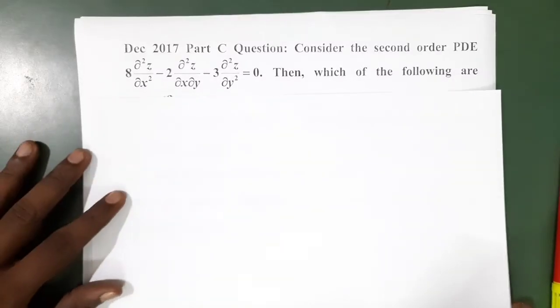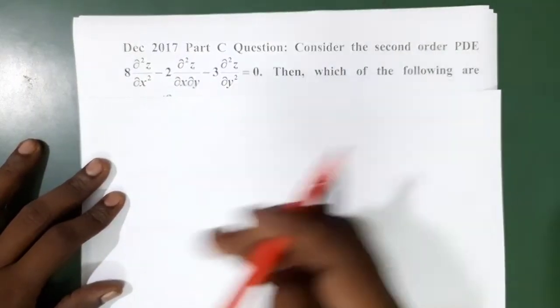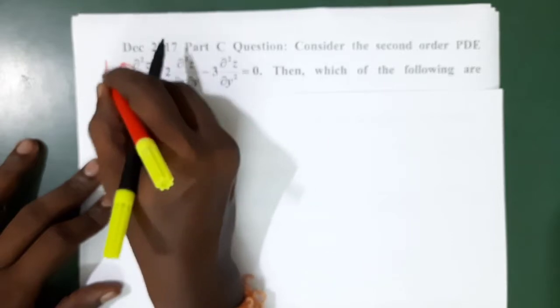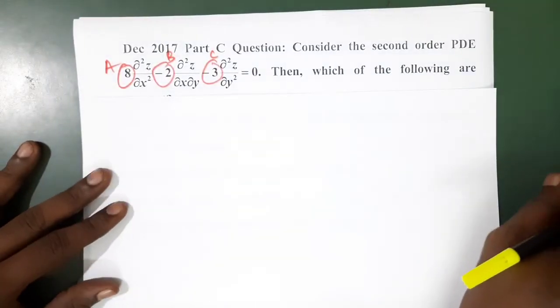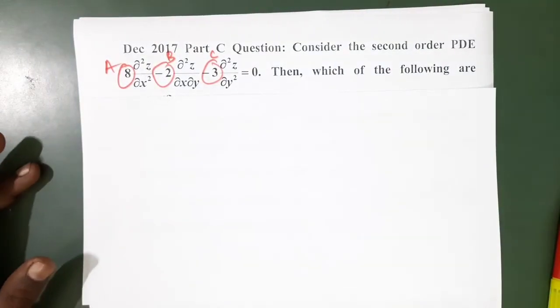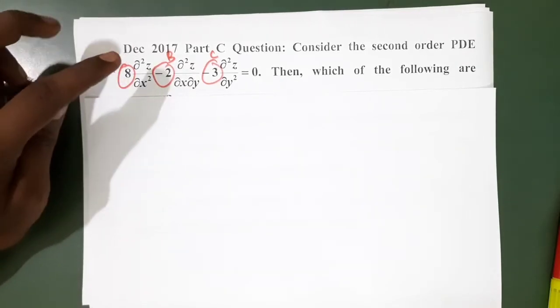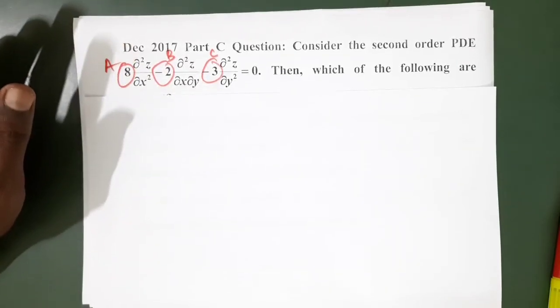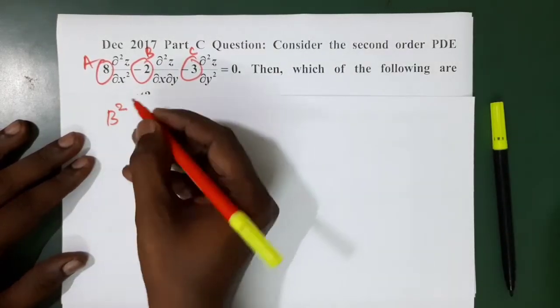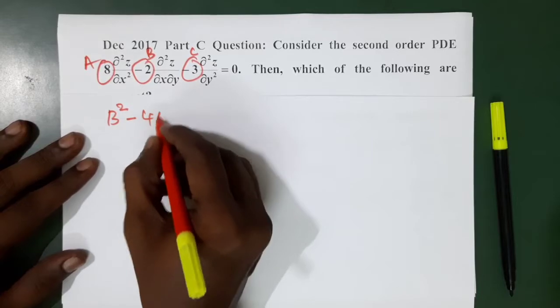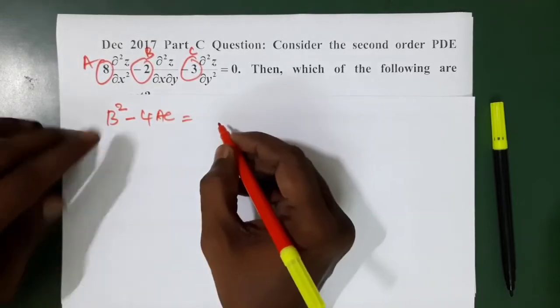So first we are going for classification. So this is A, this one is B, and this one is C. From the standard second order differential equation, A is 8, B is equal to minus 2, C is equal to minus 3. We have to find the discriminant, B square minus 4AC. So what is B? Minus 2.